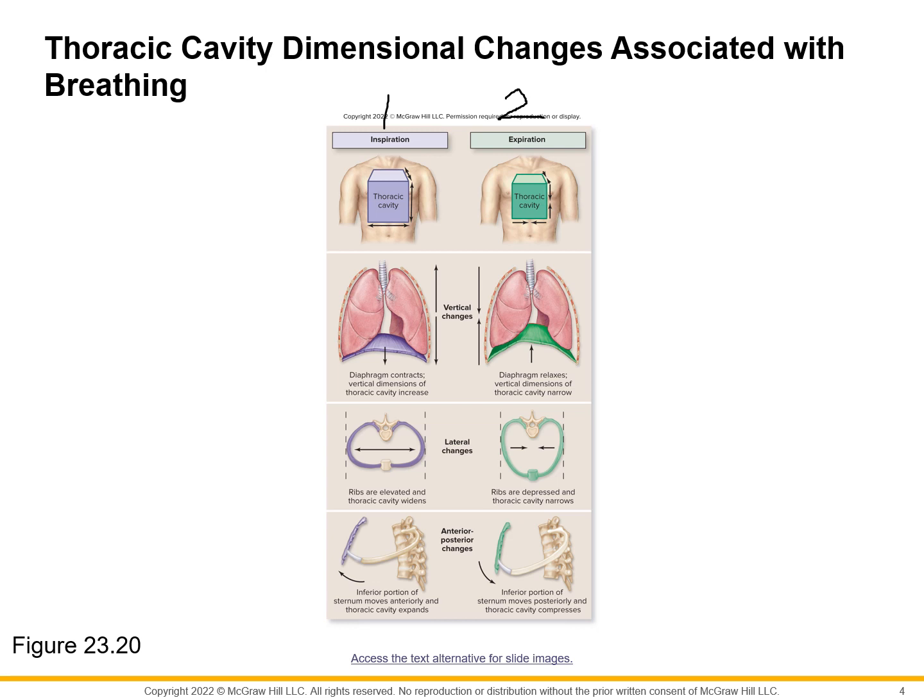As we inhale, our thoracic cavity at rest has a certain volume. When you inhale, the diaphragm contracts and it becomes flatter, so it moves downwards. In addition to that, your ribs are pulled outwards and upwards.